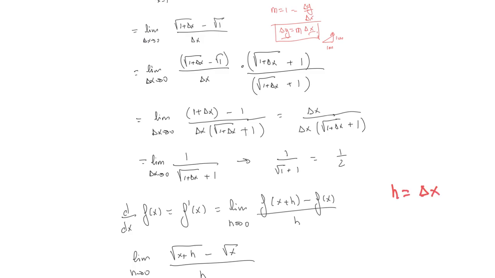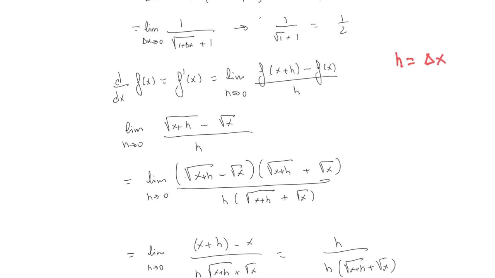If delta x goes to 0, h goes to 0 also. So we can use this definition that is in many books. The advantage is that instead of writing delta x, you write h. So it's more convenient to write less.